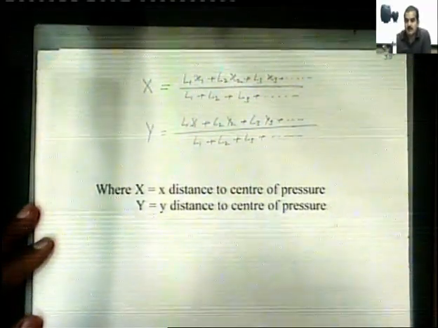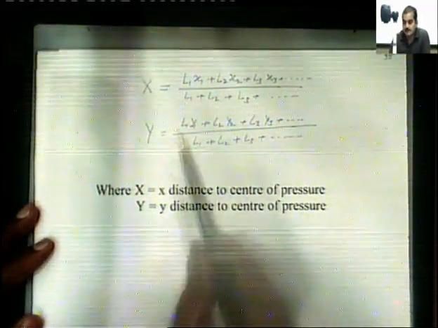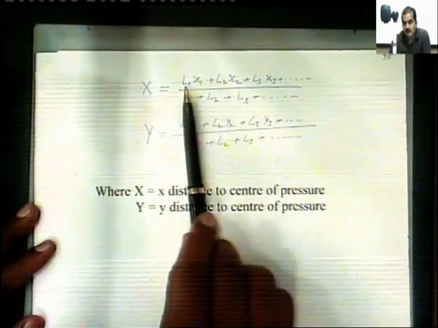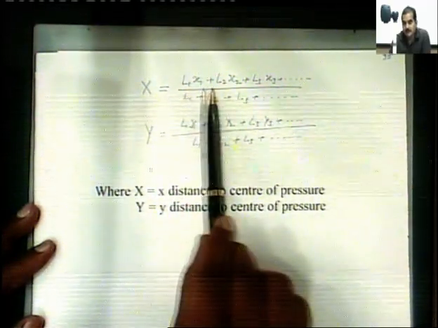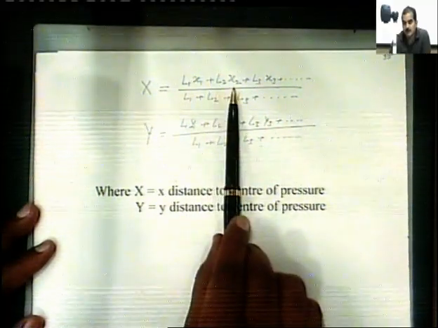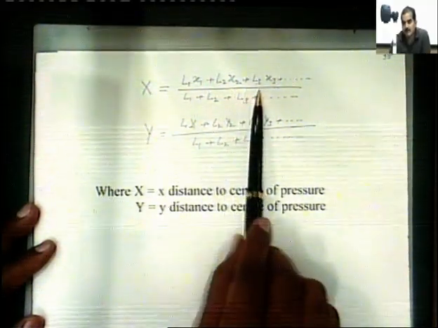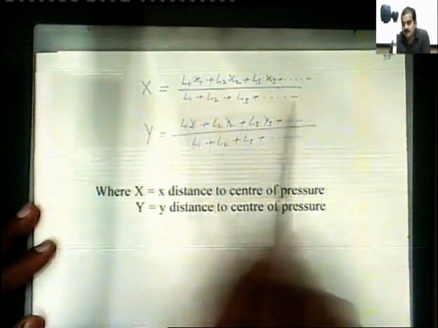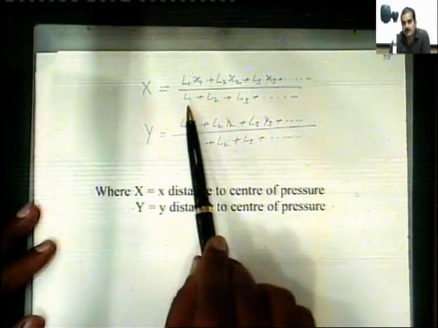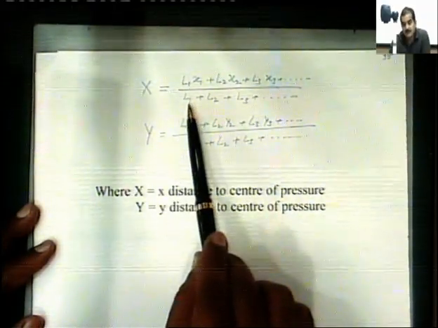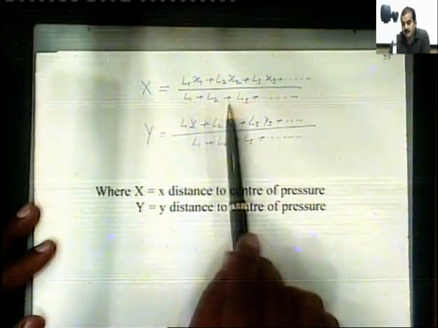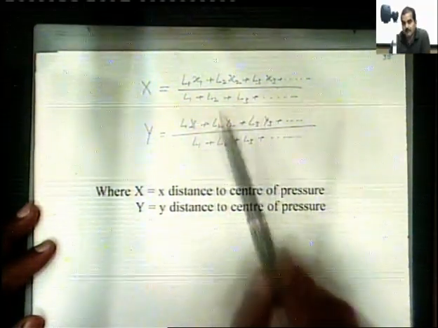Then the x distance is calculated as L1 multiplied by x1 plus L2 multiplied by x2 plus L3 multiplied by x3 and so on, and this is divided by the sum of the lengths, L1 plus L2 plus L3 plus and so on.